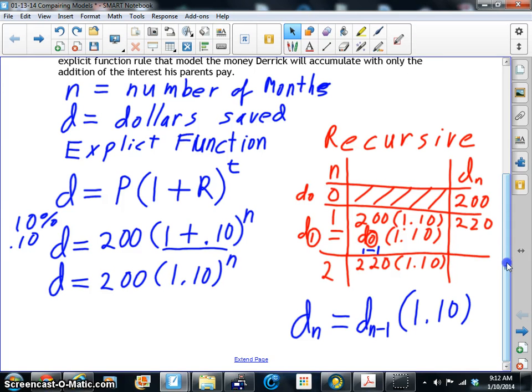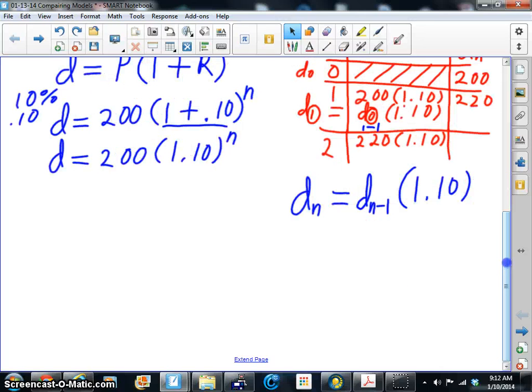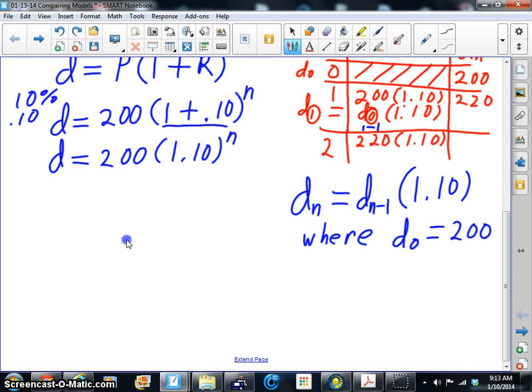Oh, wait a minute, I forgot to make my formal statement: D sub 0 is equal to 200, because we have to know where we start, and n is equal to 1, 2, 3, all the way up to positive infinity, or until we want to stop. And that's that for that.